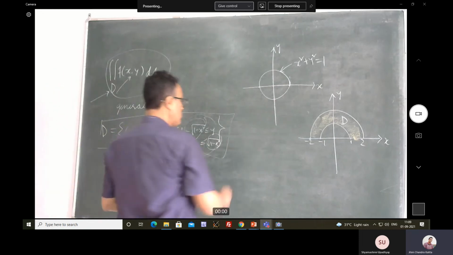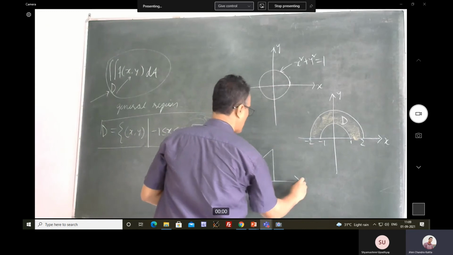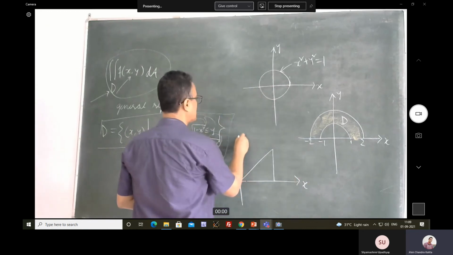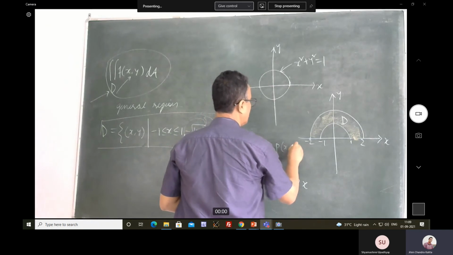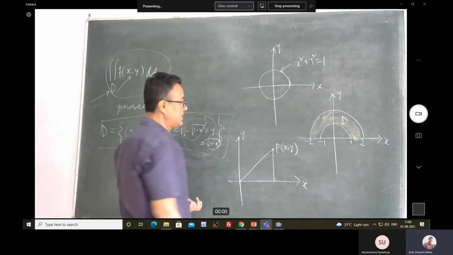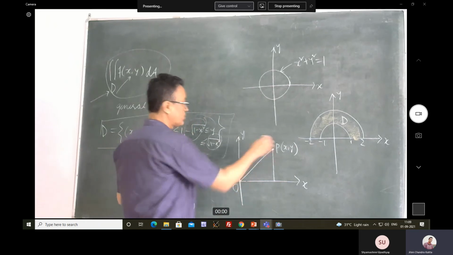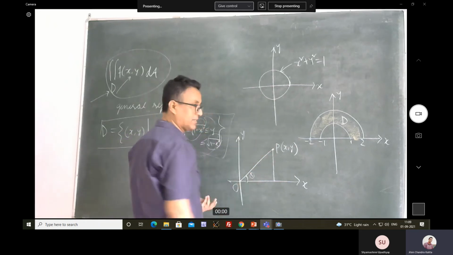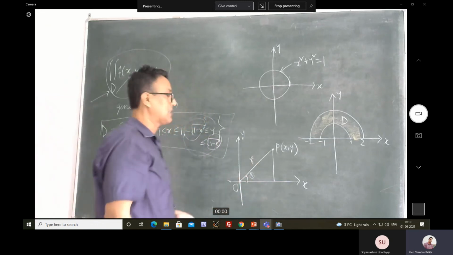And you know the relation between Cartesian and polar coordinates. Say suppose this is x, this is y, and we are thinking about a point (x, y) in such a way that if you join the origin to the point, it makes an angle theta with the x-axis, and the length of this vector OP is r.